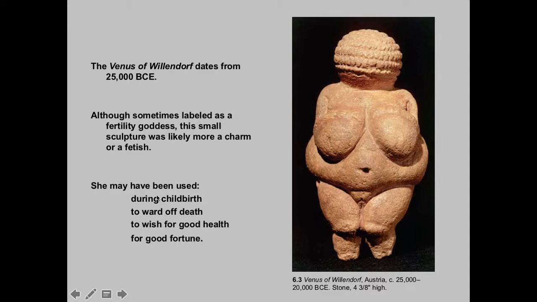We think because it's so small that it might have been held during childbirth. There's also the possibility that fertility is warding off death, a wish for good health or good fortune. And again, she's got large breasts, a large belly, indicating pregnancy perhaps, and big thighs.